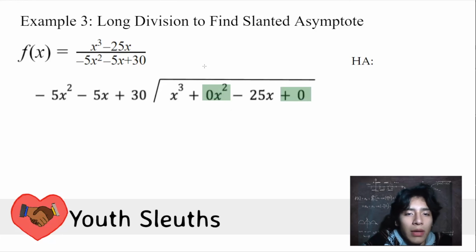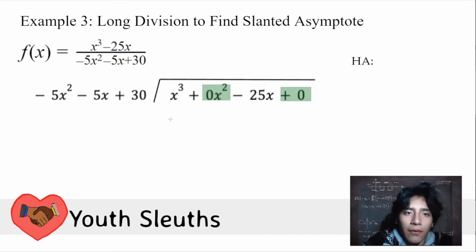It's important that we have these so that we have all of our exponents represented, because in our rational function we have no x squared. But when we're dividing, even with synthetic division, we want to represent all of our exponents. So that is why we put an x squared term and a 0.